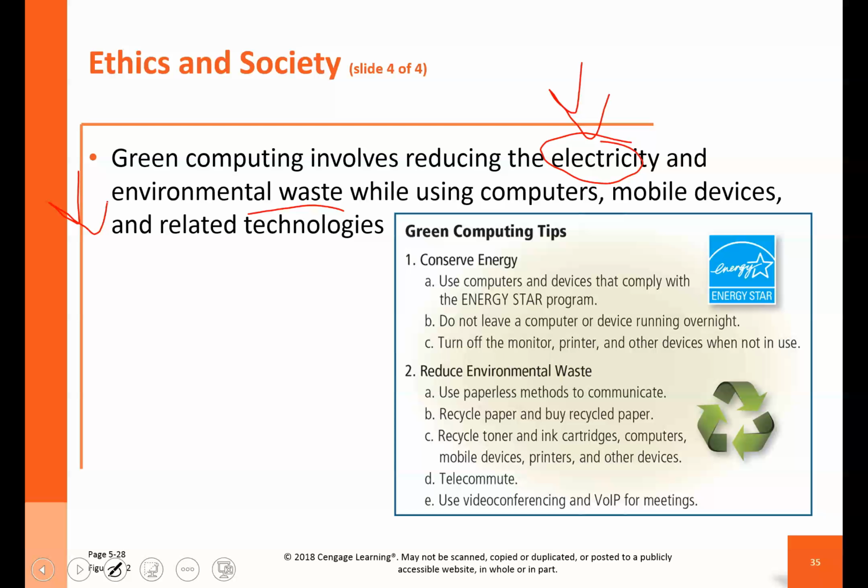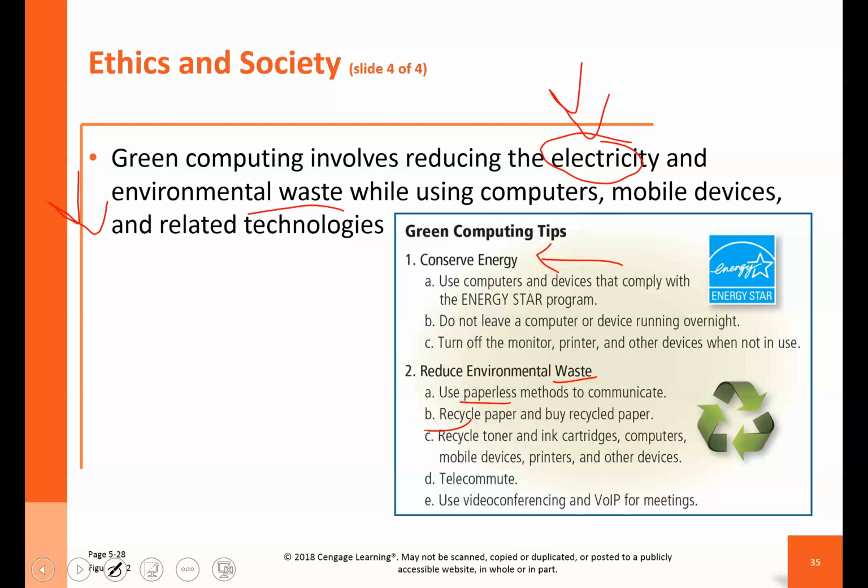And that's why try to see if you can stick to that conserve energy principle by adopting some of the energy saving devices, and also try to reduce waste produced by computers by using more paperless methods, or more recycling methods, alright?